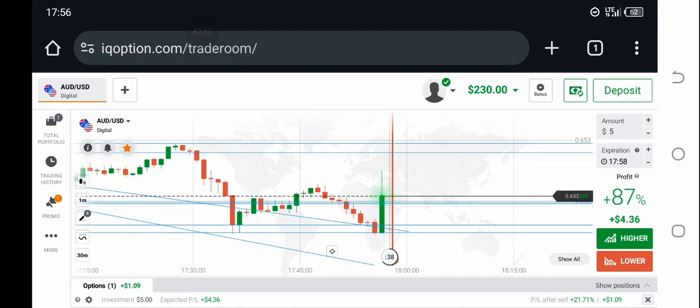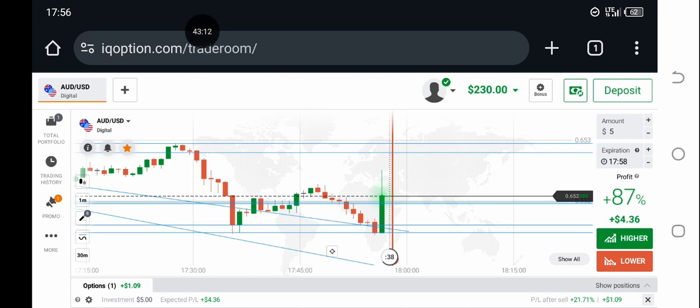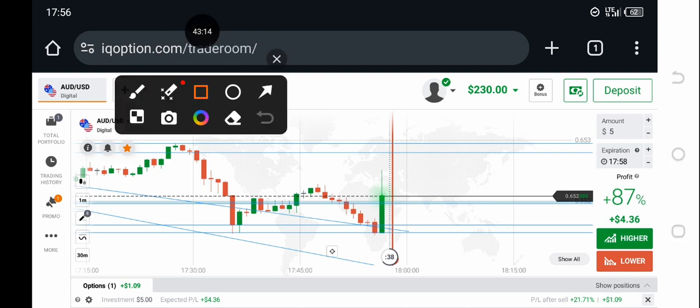Okay, so finally, I wait and I now remember that initially we had a very strong bearish move down here. We had a very strong bearish move here like this. You can see a reversal level here.